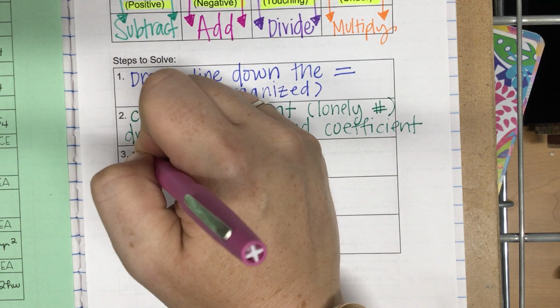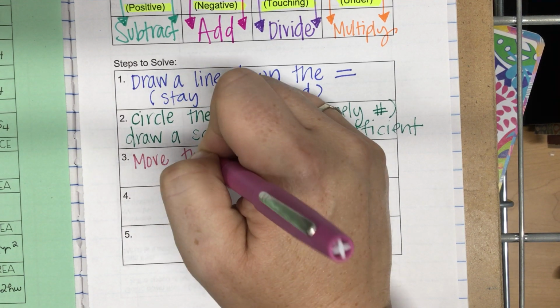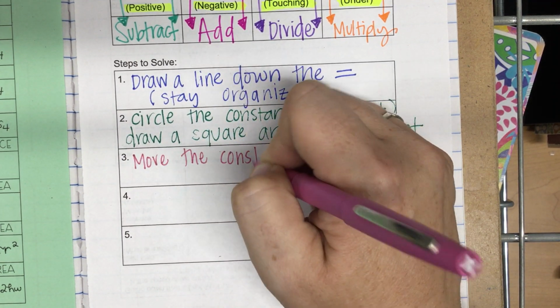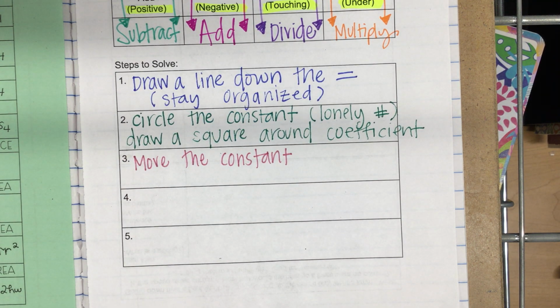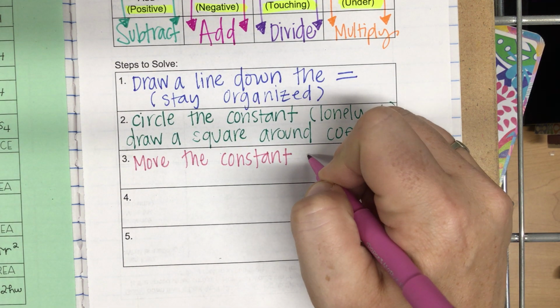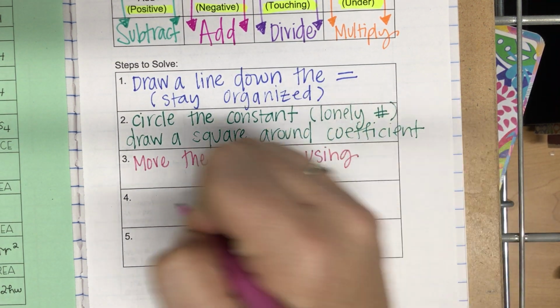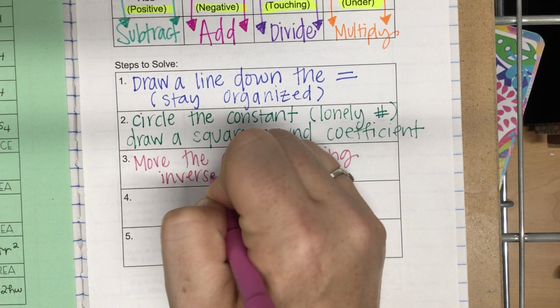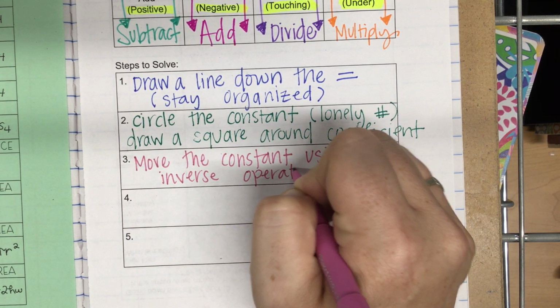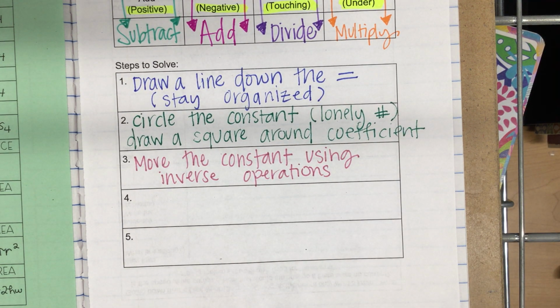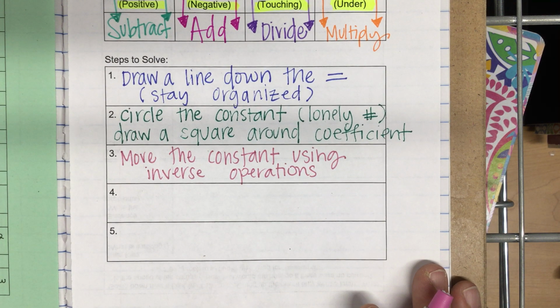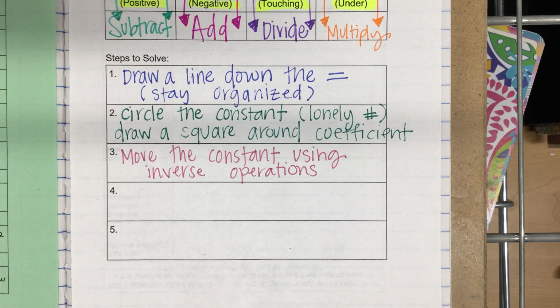Step 3, you're going to move the constant. Which one's the constant? The lonely number, the number without the variable. Move the constant using inverse operations.